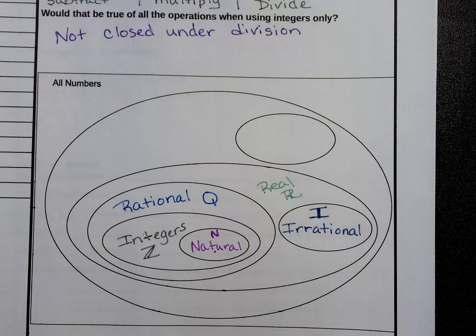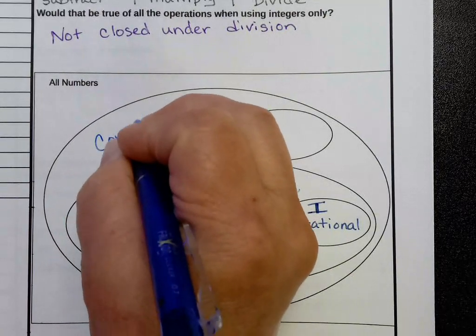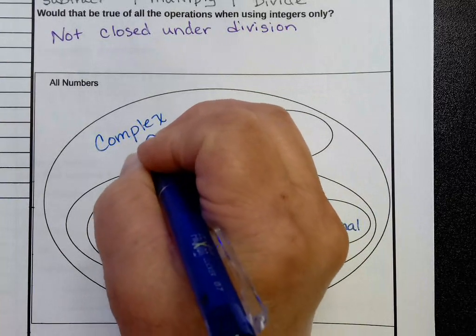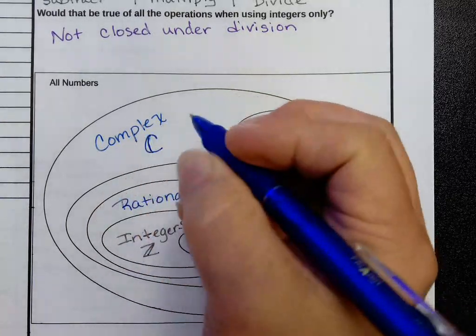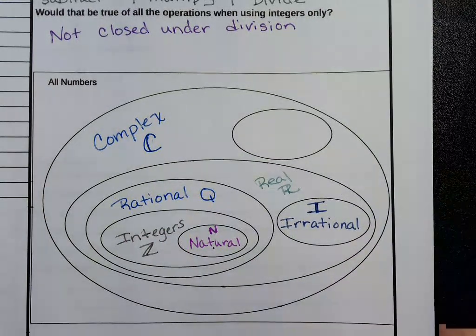As you get into your higher level, we have what we call a complex number. The symbol for complex is a C. Once again, you've got that little extra edge on it. It makes it stand out a little bit. Okay, so the complex number has a real part and it has an imaginary part.